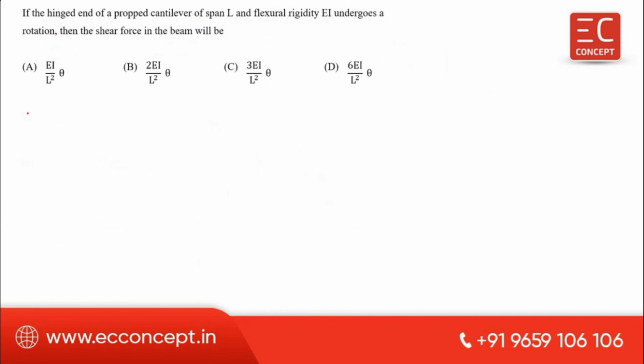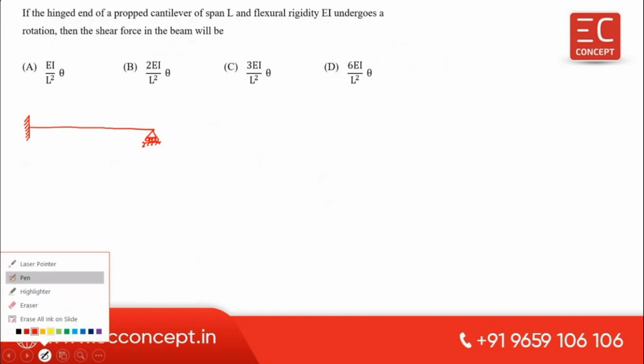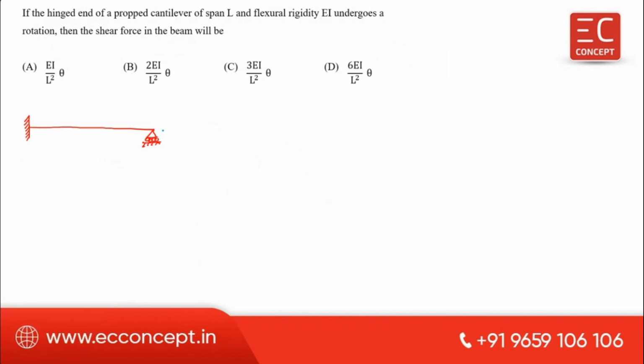So see, they said there was a propped cantilever beam which was subjected to a rotation. So if you give a rotation theta, then this will bend something like that.